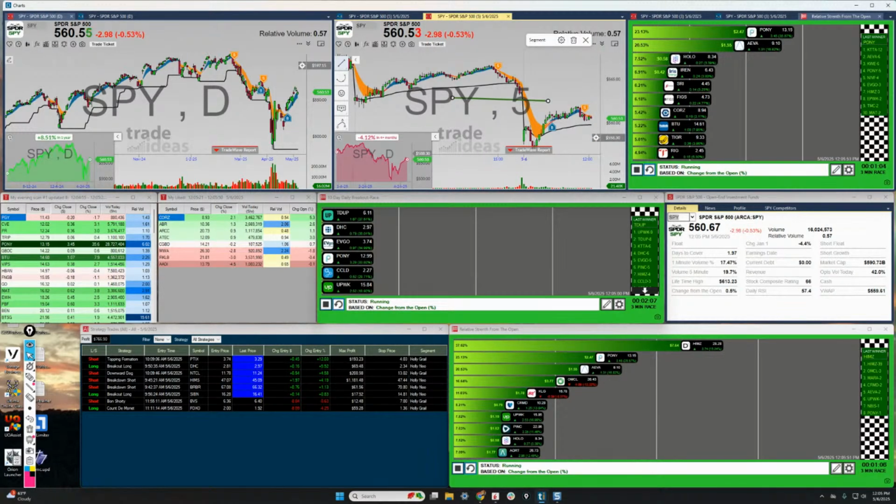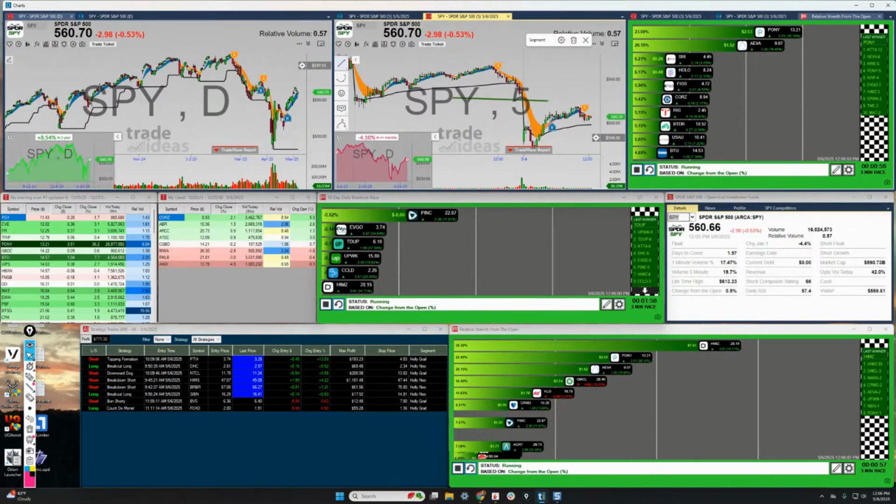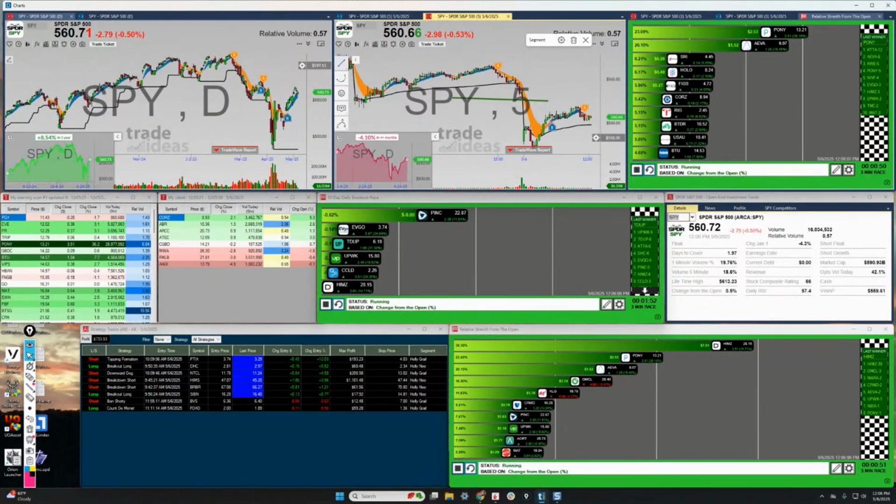I already have attempted to do my own, but how would you do an alert window for stocks trading at the high of the 60-minute opening range? So we only have opening range filters. We don't have opening range alerts. So that'd be the only thing that you could do at this point.